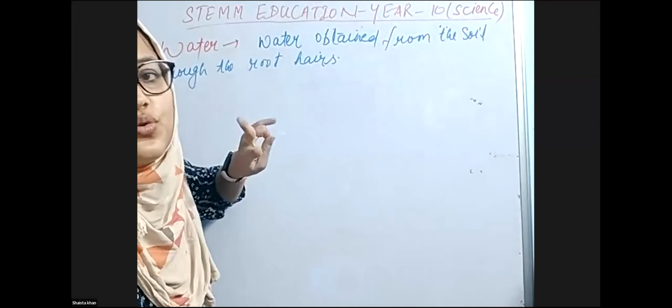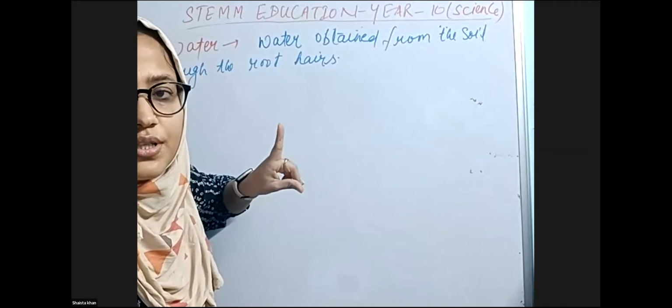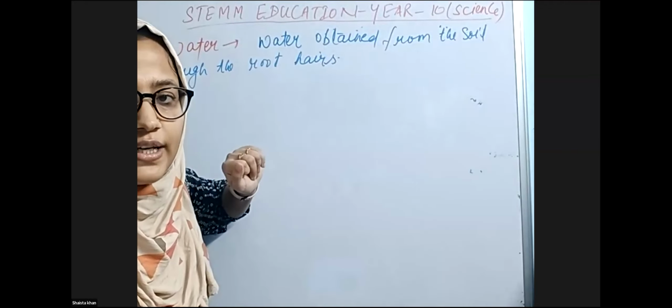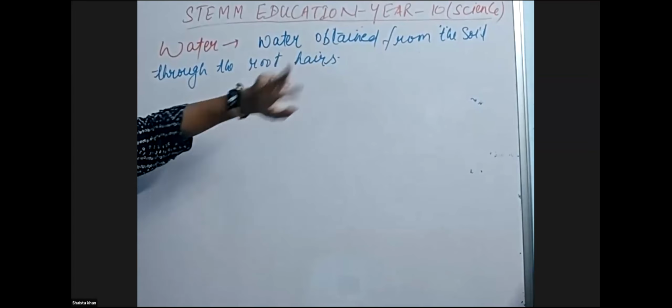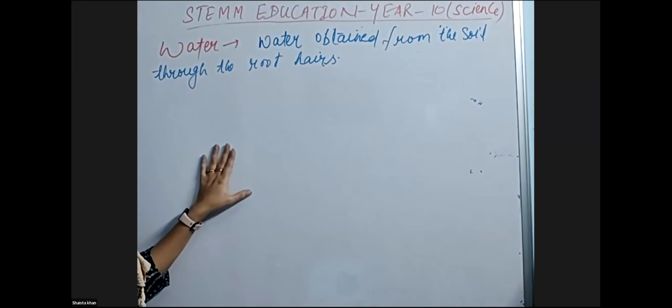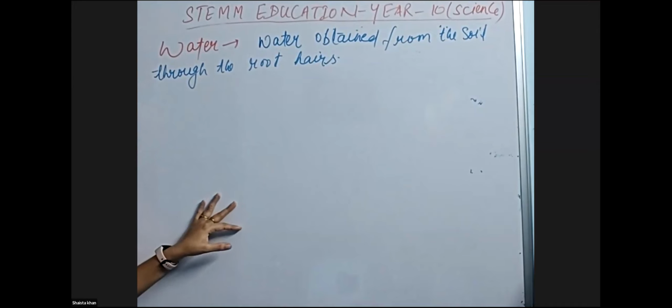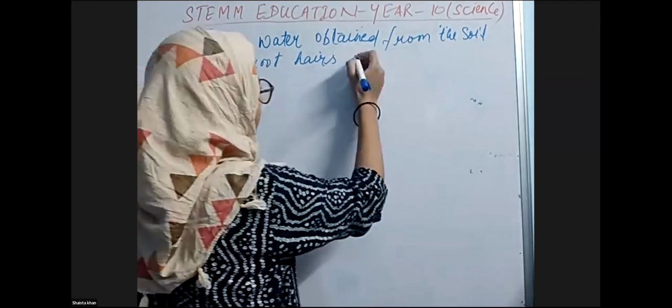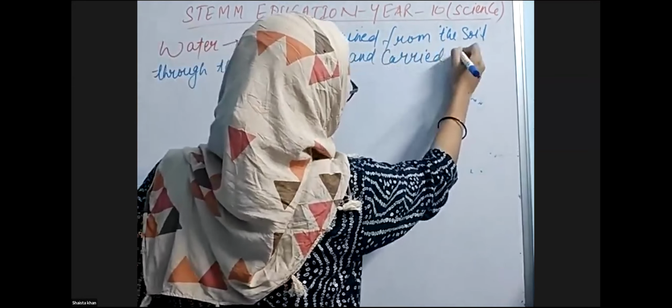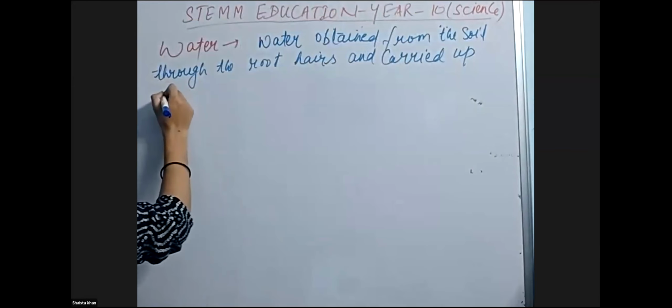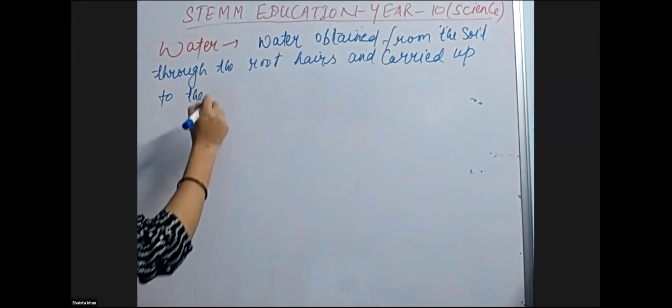Broadly, roots are of two types, taproot and fibrous root. I hope you all know. Water is obtained from the soil through the root hairs and carried up to the xylem vessel.